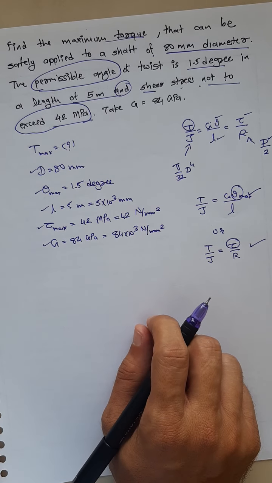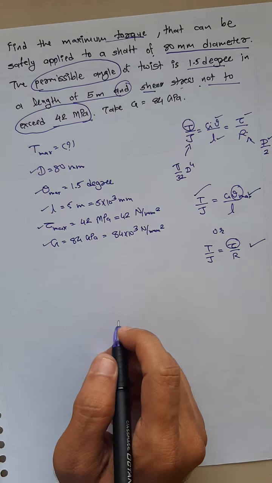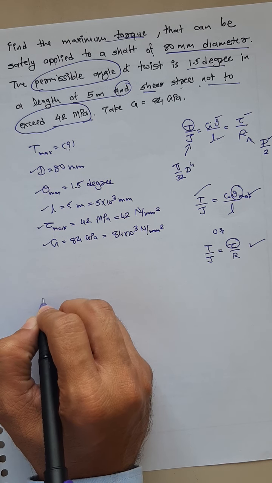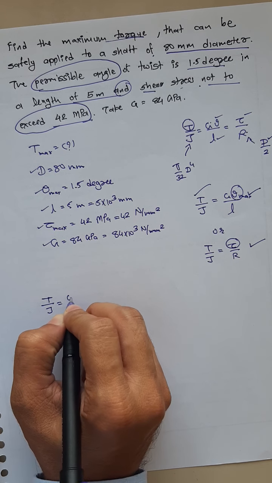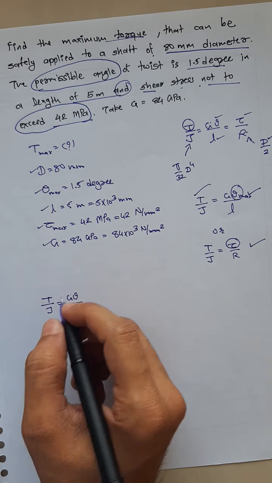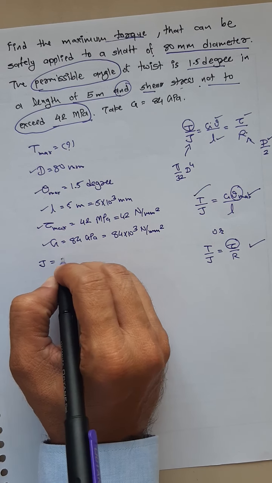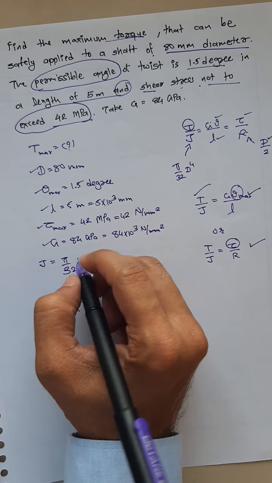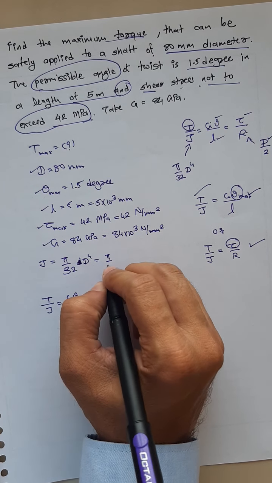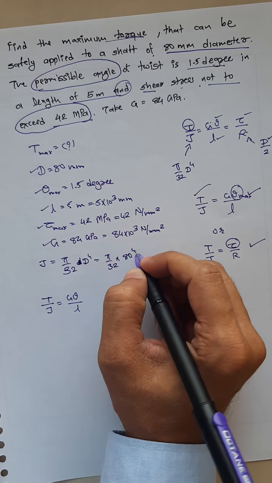Okay, if I am considering the first equation, that T by J is equal to G theta by L, and I substitute all the values. Let me find J. J is equal to pi by 32 capital D raised to 4, means pi by 32 into diameter is given 80 raised to 4.